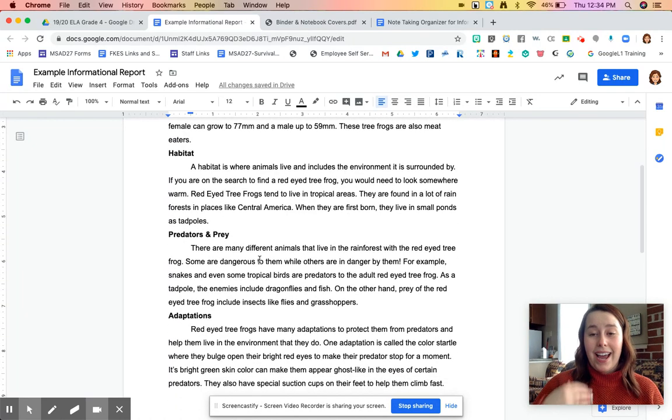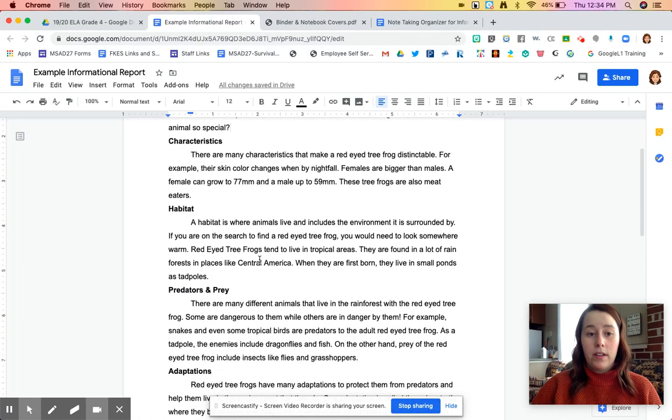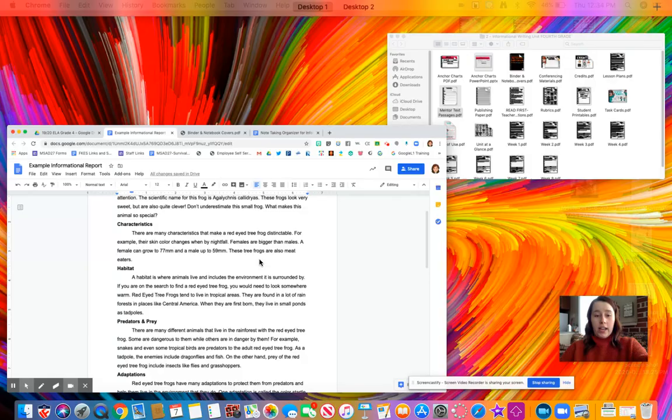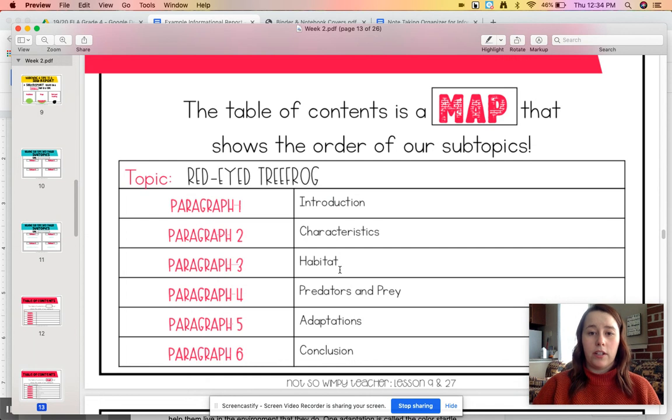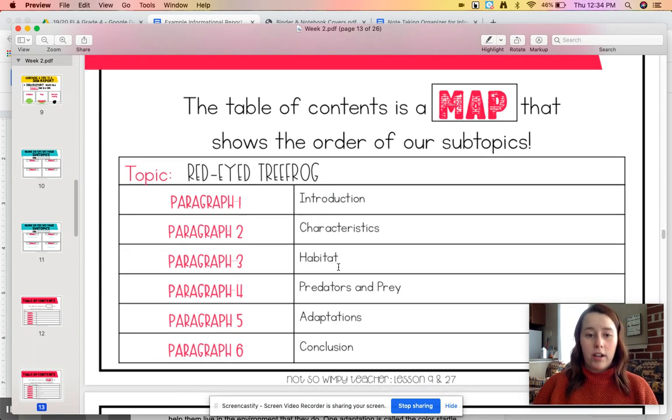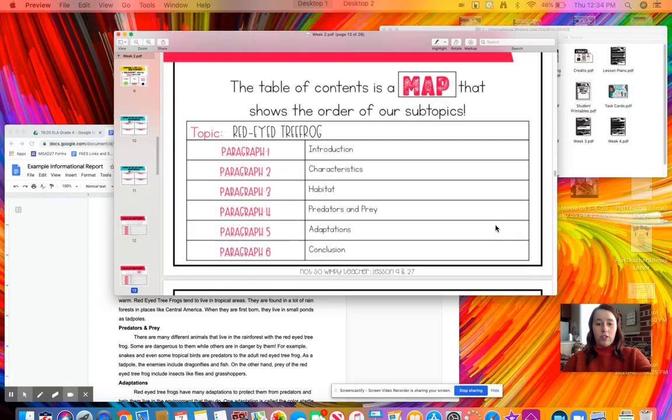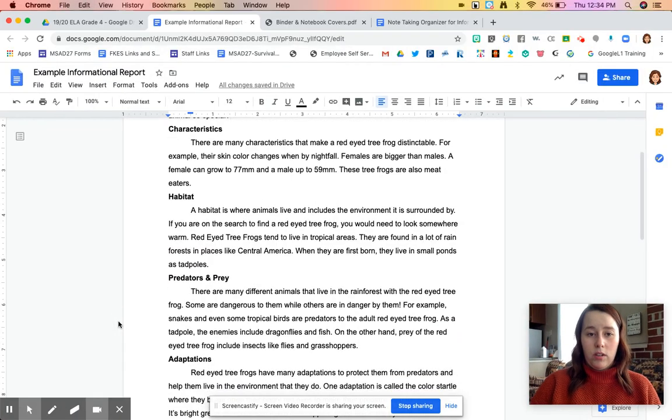Since I had all of the information ready, I looked at my table of contents and I saw that my first subtopic paragraph was going to be characteristics. So I started with that paragraph.